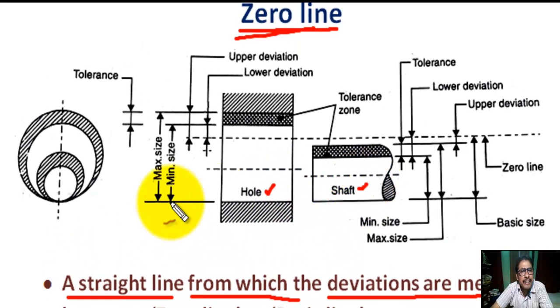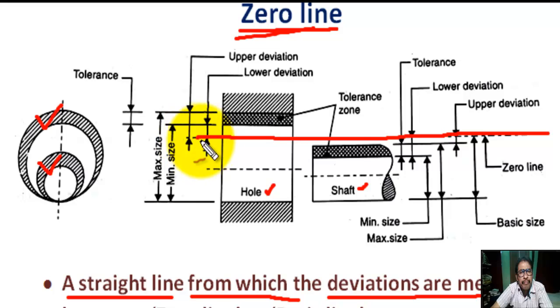This is the hole, this is the shaft. For hole and for shaft, this is the zero line. For hole, this is maximum size, this is minimum size.